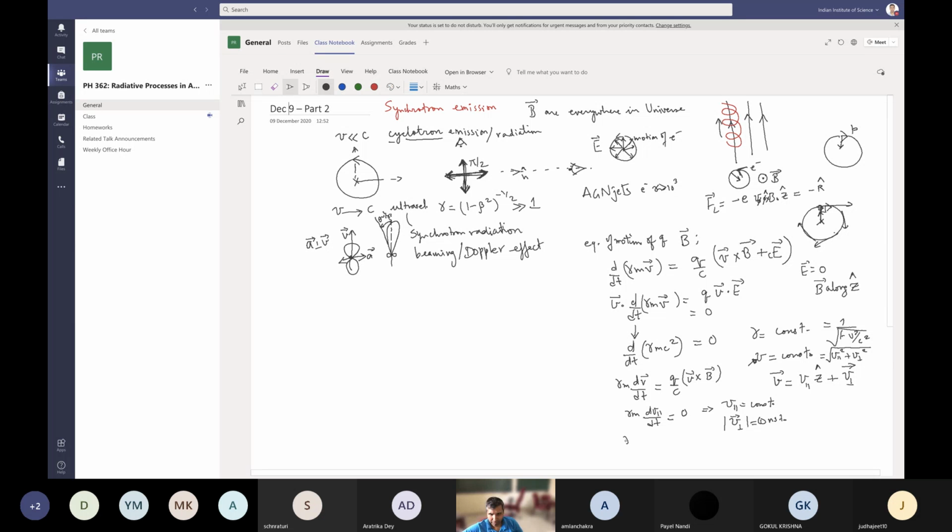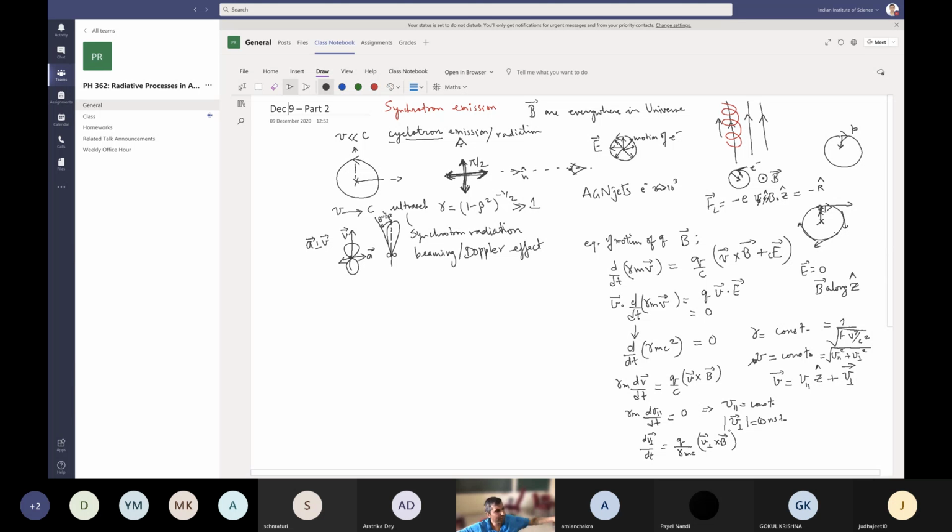So we have gamma m dv perp/dt equal to... let me write it in a slightly different form: q by gamma mc, v perp cross B, because v parallel cross B is 0 anyway.